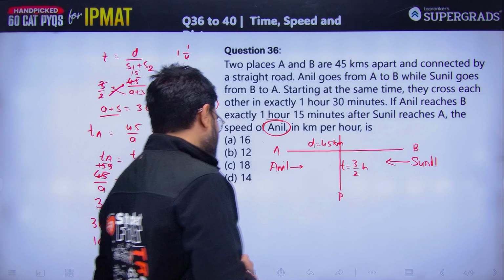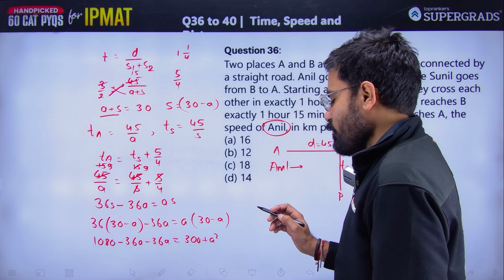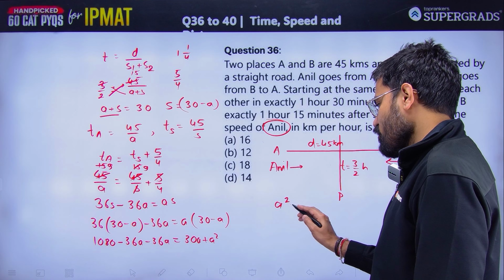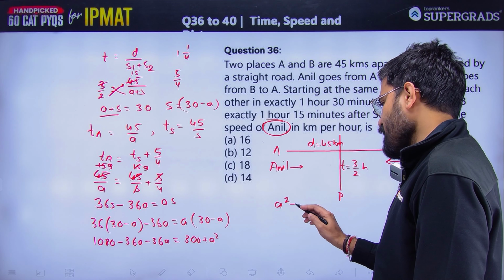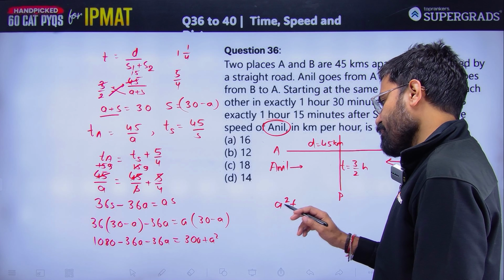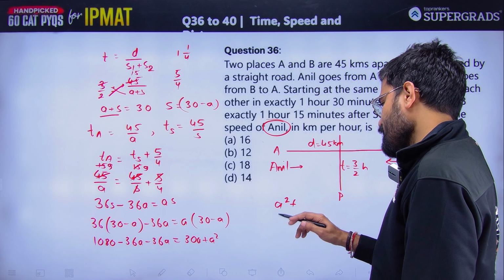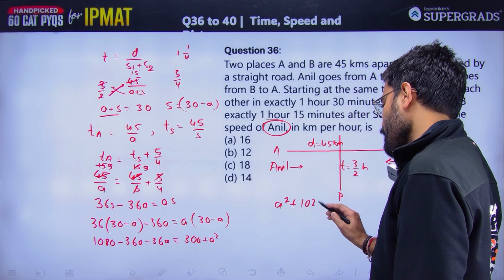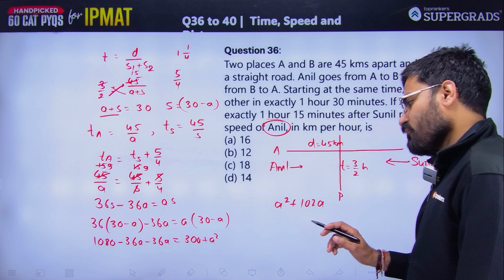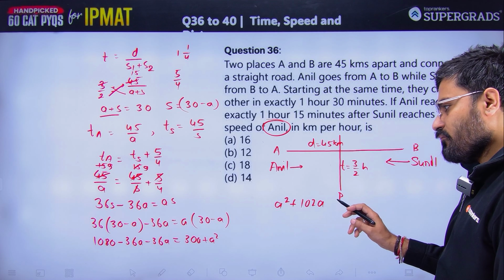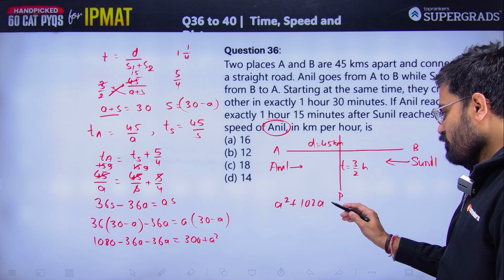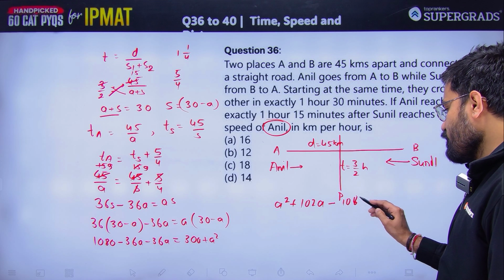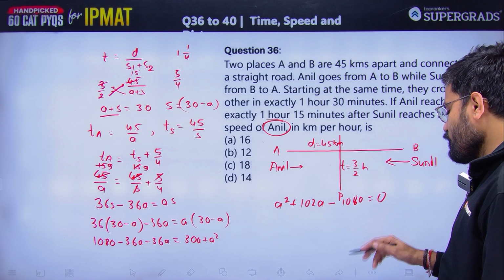And I will get a quadratic equation here. What will be that quadratic equation? A square, minus minus becomes plus, so this will be plus 36 is 72 plus 30 is 102A minus 1080 is equal to 0.